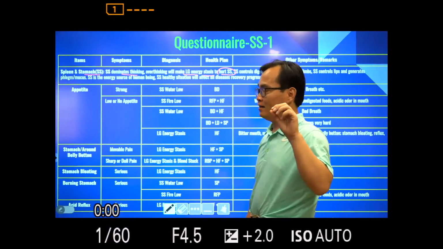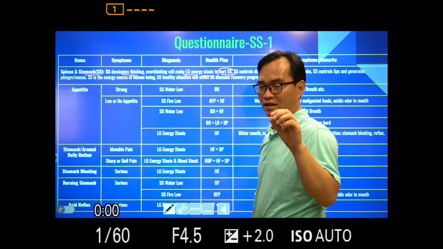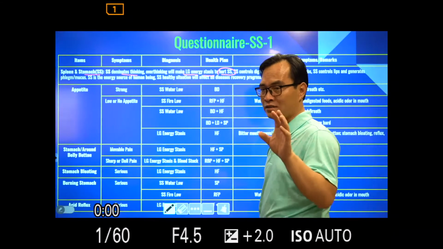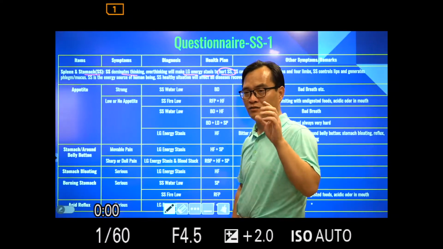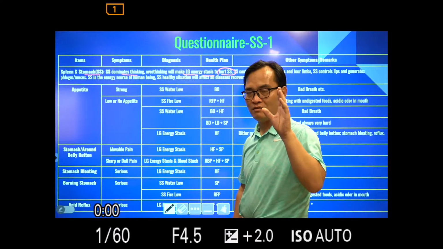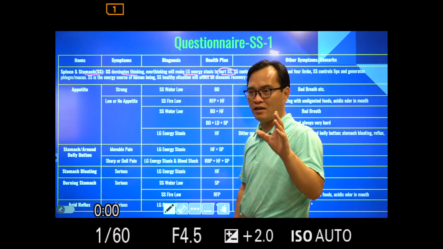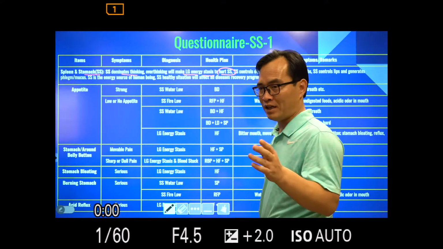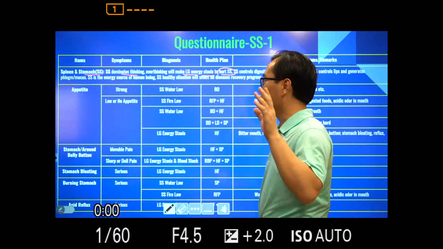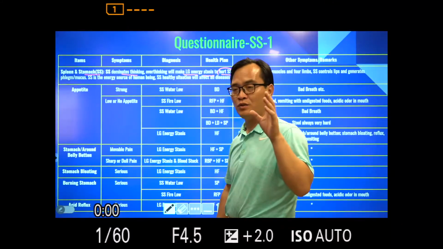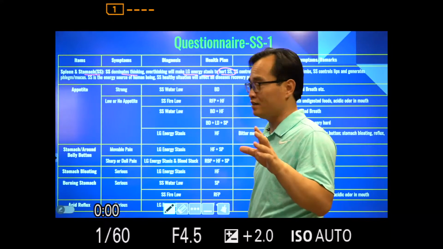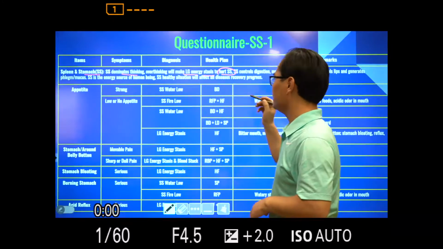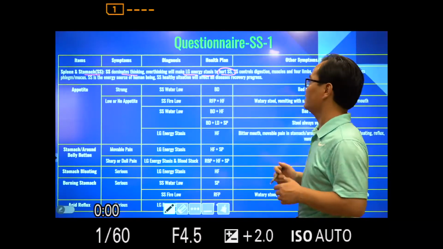If you're overthinking, which means the SS system is connected with your thinking, you will have no appetite. Your appetite will be affected, and that means your allergy is in stasis. So overthinking will make allergy immunostasis and hurt the SS system.